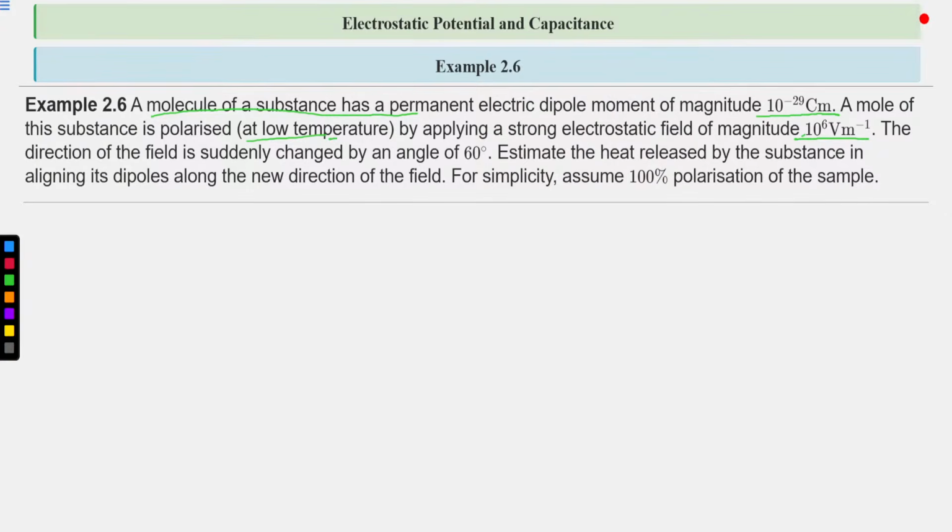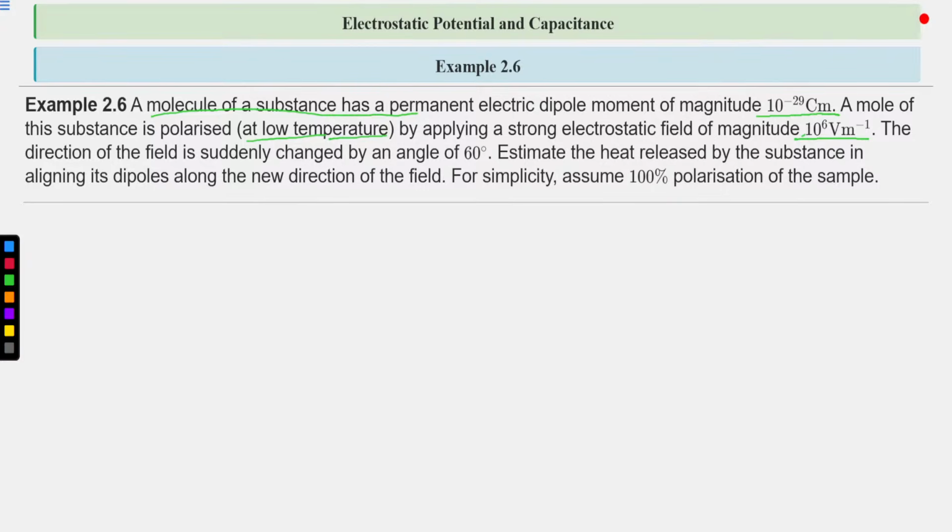Why low temperature? Because it helps to orient the electric dipoles in the direction of the strong electrostatic field easily. If the temperature is high, then thermal agitations will come into play, which will restrict the orientation of the electric dipole moment. So, low temperature.